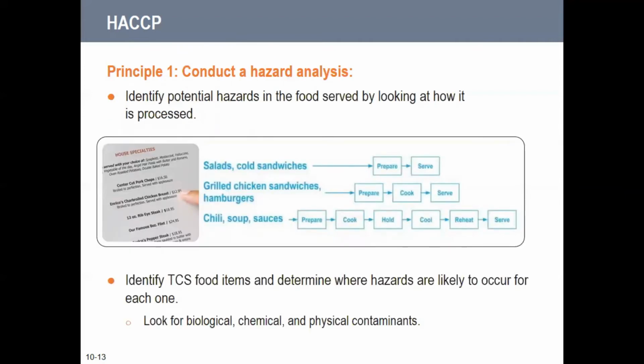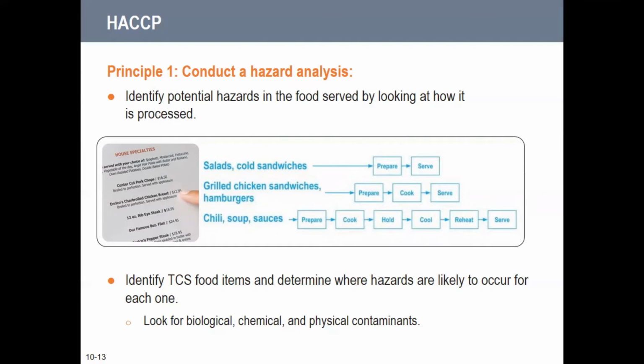So the first thing is conduct a hazard analysis. What we do is we look at every single menu item, and we start to identify where there are potential hazards in that food being served and how we process it. So you can see we've got salads and cold sandwiches. There are some potential issues at the preparation stage and the service stage. Grilled chicken sandwiches and burgers, you have some potential issues at the preparing stage, cooking stage, serving stage.